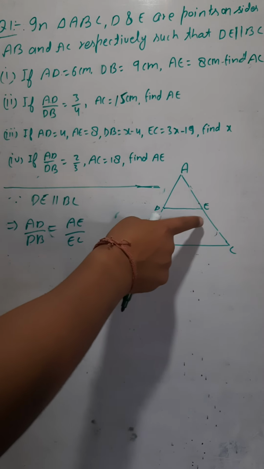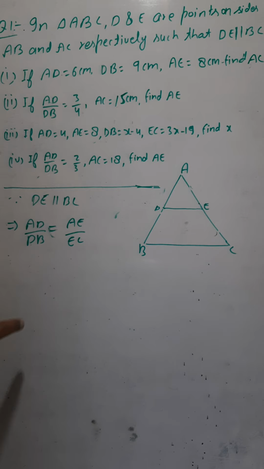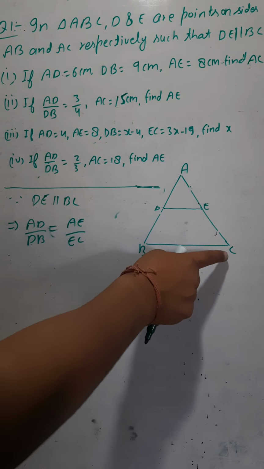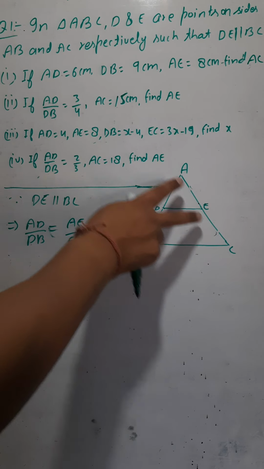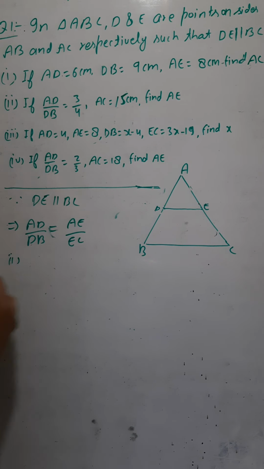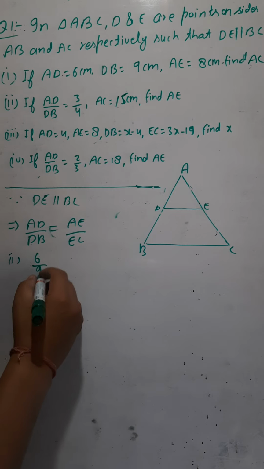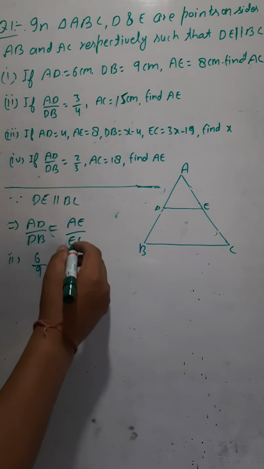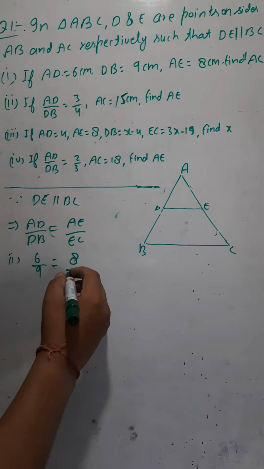For finding out AC, we would find out EC first. Then we would add EC and AE, and we would get the value of AC here. Okay, now let's solve the first question. AD is 6 centimeter, DB is 9 centimeter, equals AE 8 centimeter and EC, that you have to find.